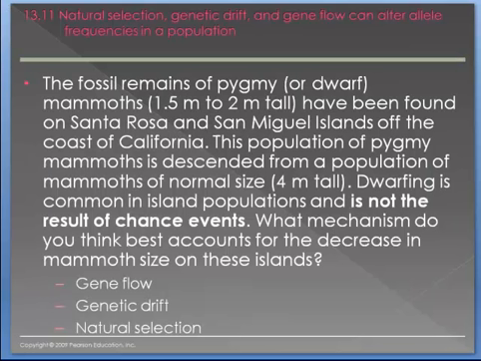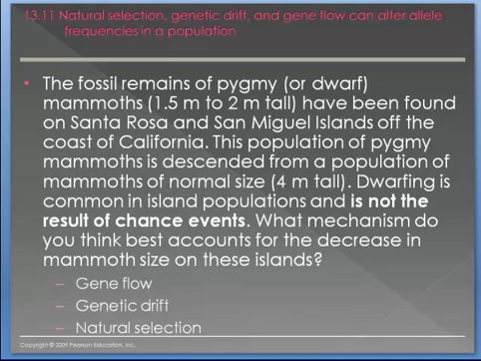So to give you a few examples of the mechanisms of microevolution, I have a couple of questions for you. And the first question is, the fossil remains of pygmy mammoths have been found on Santa Rosa and San Miguel Islands off the coast of California. This population of pygmy mammoths is descended from a population of mammoths of normal size.